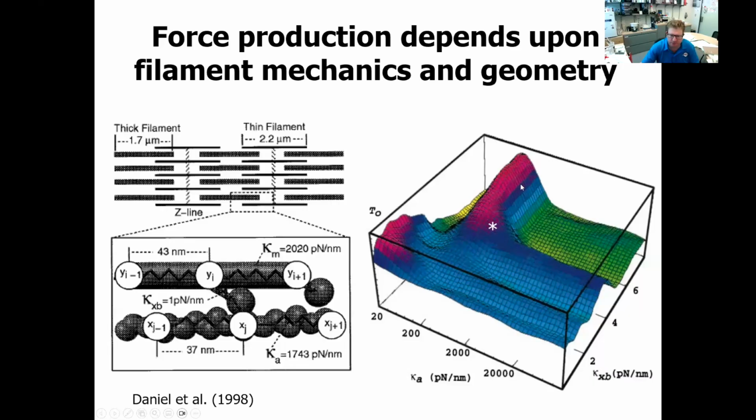And then there's some sort of sweet spot where you can get high force production, and that leads to where I put this little white star, sort of on the shoulder there, where you're getting pretty high force production and pretty decent crossbridge binding. That would be equivalent to the rough values that are thought to exist in the muscle.